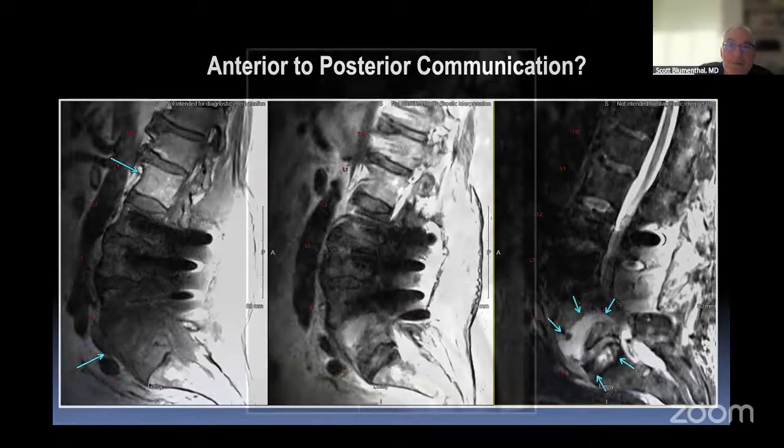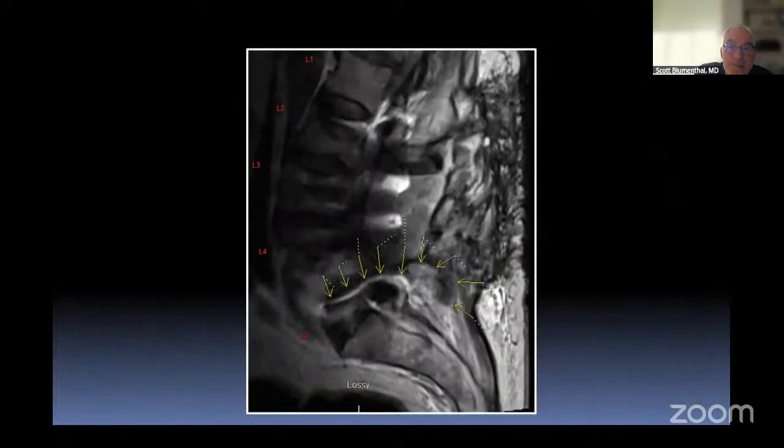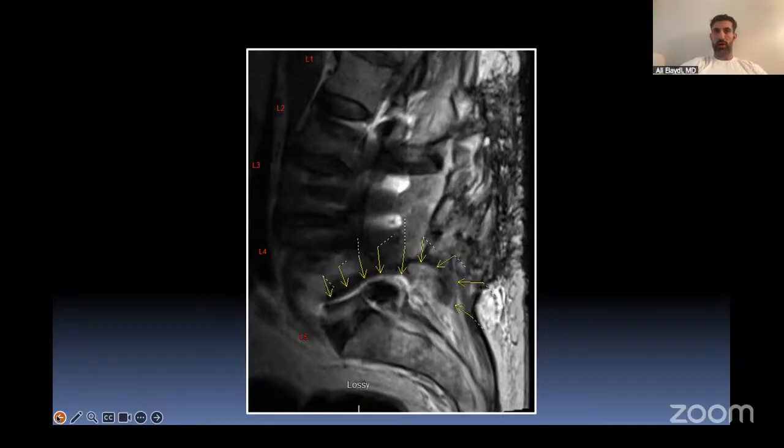So question, was this your guys' case? Yes, this was done at our institution. So it was all done posteriorly and you had all this data about the osteopenia, osteoporosis ahead of time? Yeah, we routinely measure HU preoperatively. We are counseled to definitely take it into consideration.